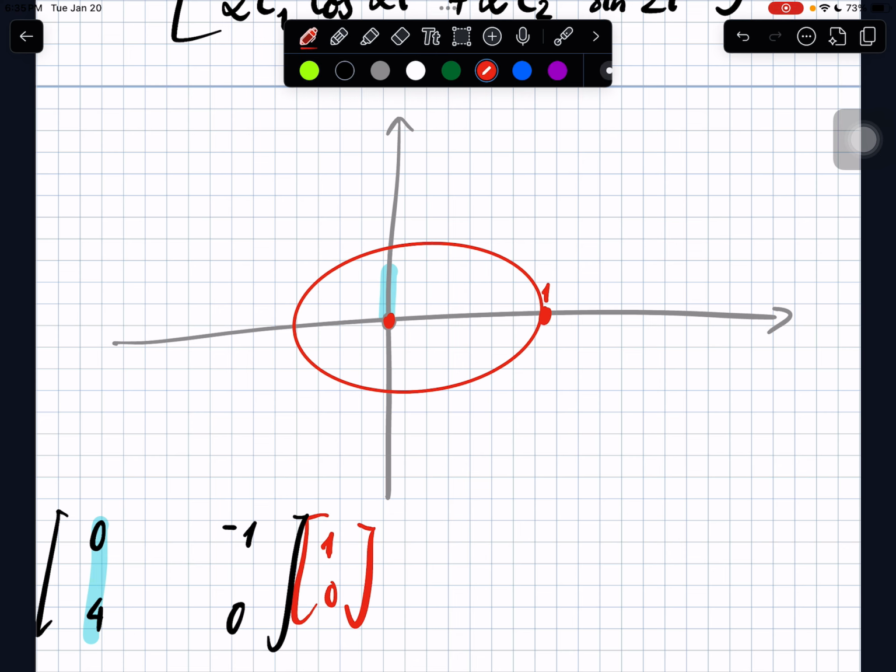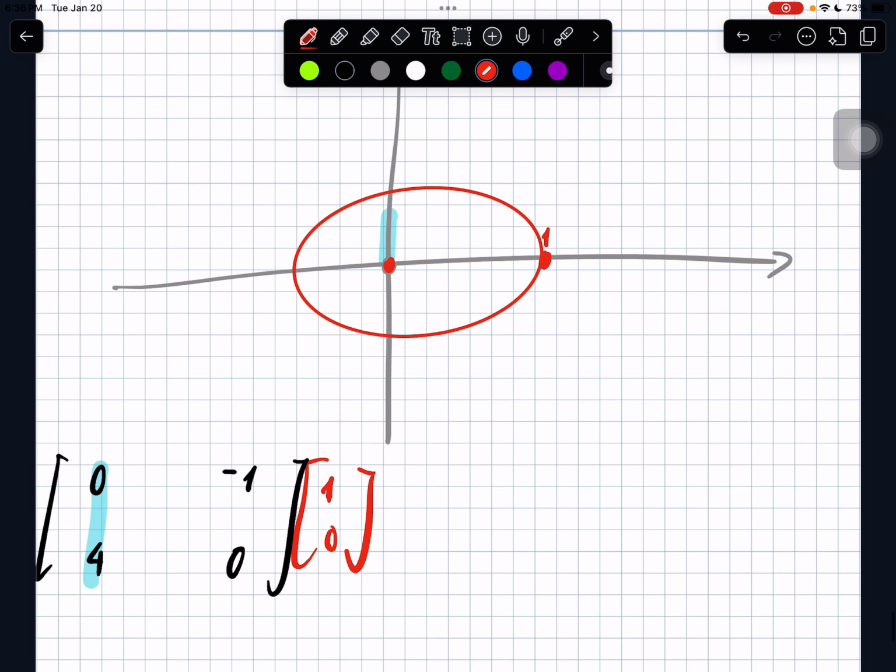At that point the direction is parallel to (0, 4), so the points go up. (0, 4) here. So it rotates counterclockwise on this ellipse, and with that we can draw a few other ellipses.